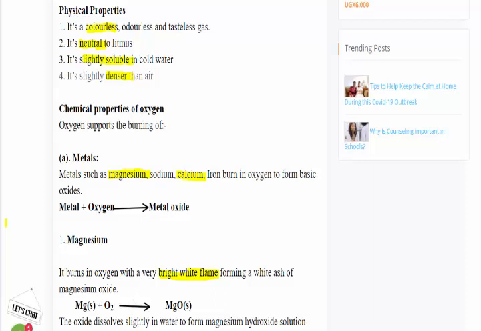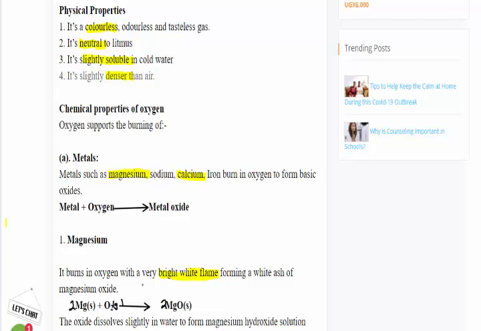So we can balance this by adding 2 in front of magnesium on the right hand side. So now they become 2 magnesium atoms. We can go on to further add a 2 in front of magnesium to balance this equation. This equation is now balanced.